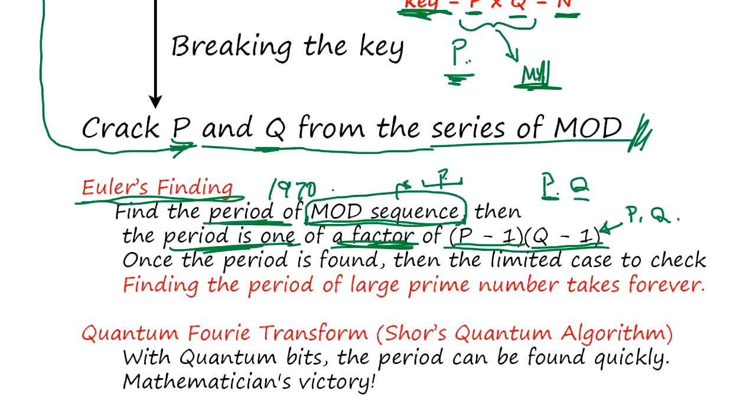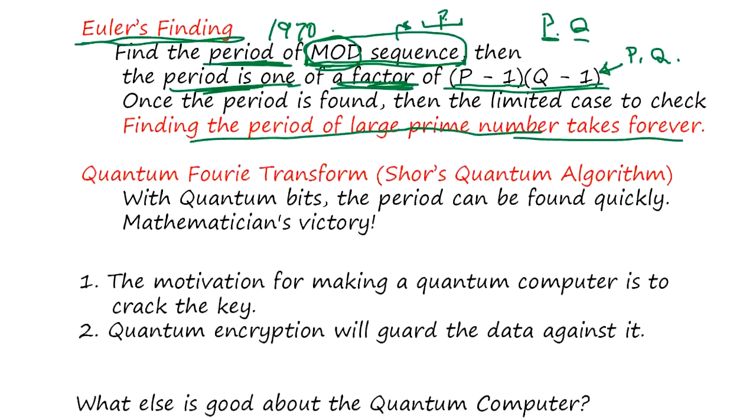The problem is that finding the period for large prime numbers takes forever. The mod is a divide operation, and divide is the slowest operation in a general purpose computer, so it's not that easy.